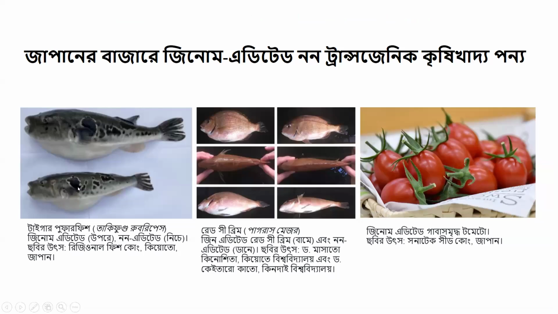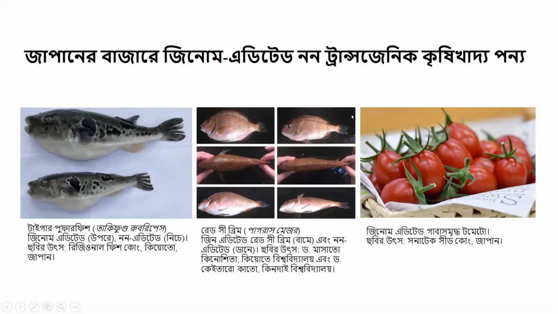In Japan, Japanese people love sashimi and sushi. They use tiger pufferfish, a very delicate muscle, but the muscle is very little. And another is red sea bream, they call this kingfish, and the muscle is very delicious and very precious.